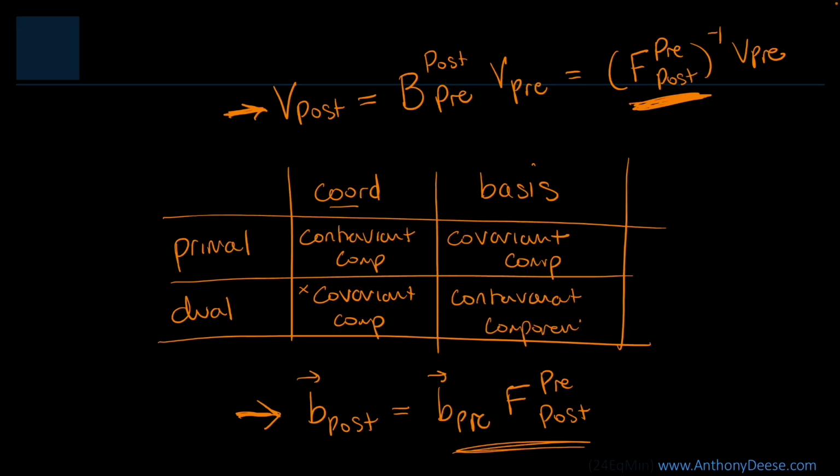Okay, and what we're going to see, although we haven't explicitly shown it yet, is that when we try to calculate the basis set, the dual basis set, we are going to use a rule that looks very similar to the coordinate transform from the primal vector.